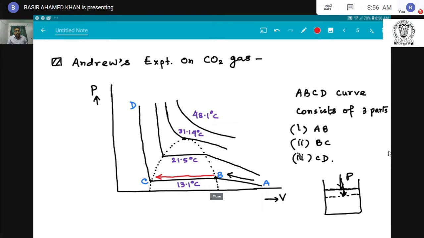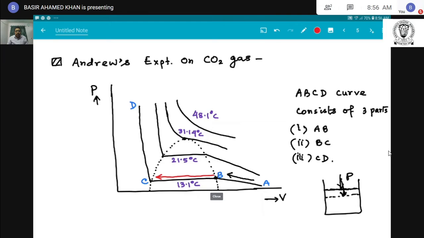Here is a very interesting thing. When we start from B to C, the liquefaction of the gas starts and it continues when the pressure is constant and volume decreases. The horizontal portion BC indicates this fact. Clear?